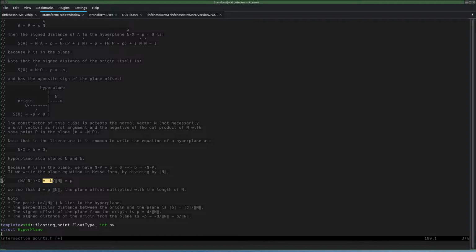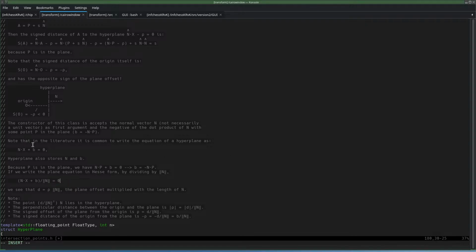Maybe do it in two steps, or maybe even in multiple steps. Let's do it in multiple steps. We can do n dot x plus b, divided by the norm of n, equals 0.